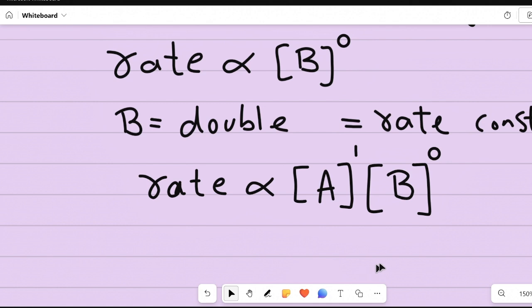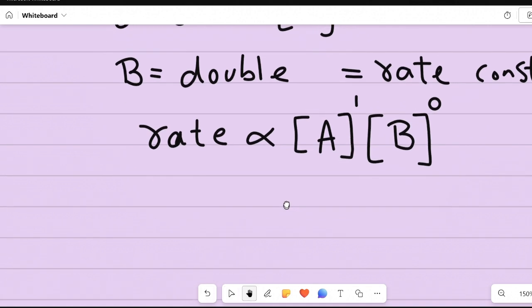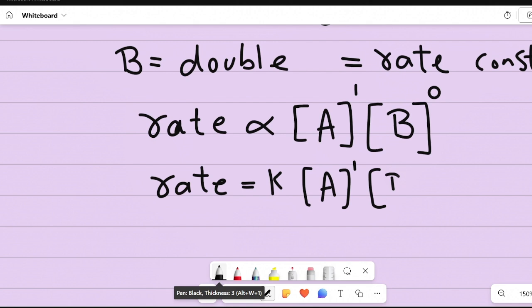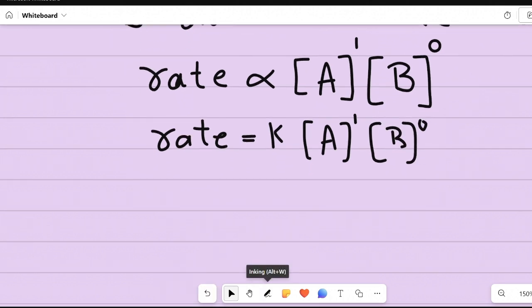Now the next thing, let's remove the proportional sign. Rate is equal to k [A]^1 [B]^0. So obviously we are not going to write B in our final equation.